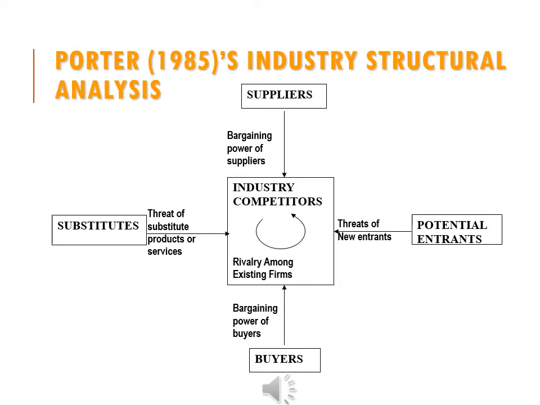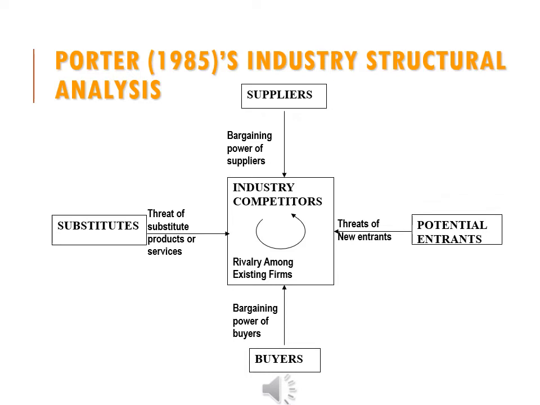And this is how the five forces diagram looks. On the vertical axis, we can see a supply chain or value chain, from suppliers of the raw materials all the way to the buyers. The buyers are your customers, buying from the industry.